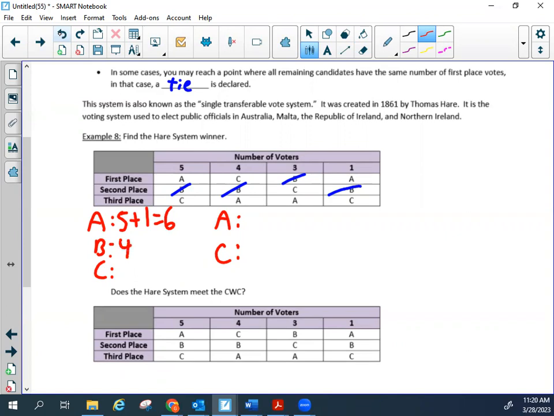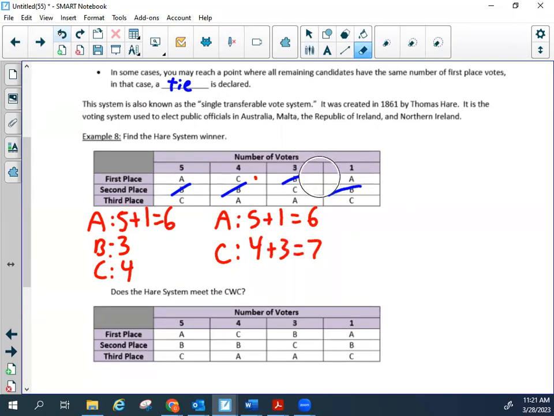B was 3, C was 4. Now I see A with 5 plus 1, which is 6. C has 4 here, but they also have 3 here because they're the highest remaining. So again, my lowest number is out. So C is the only one remaining.